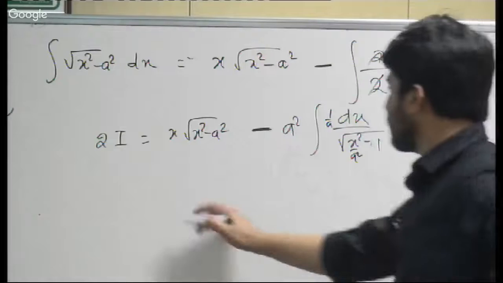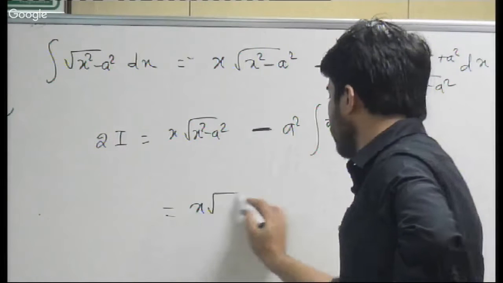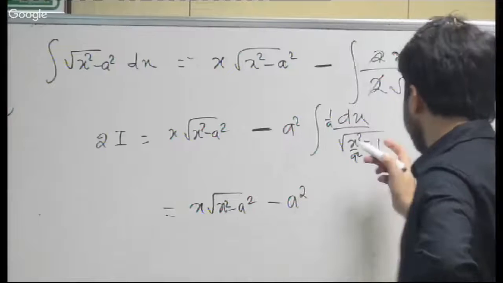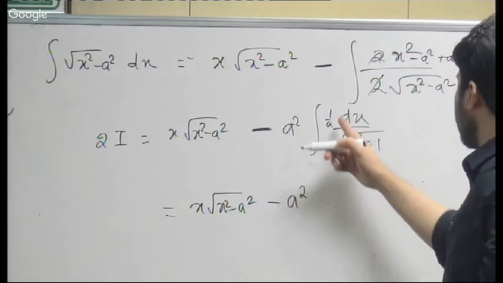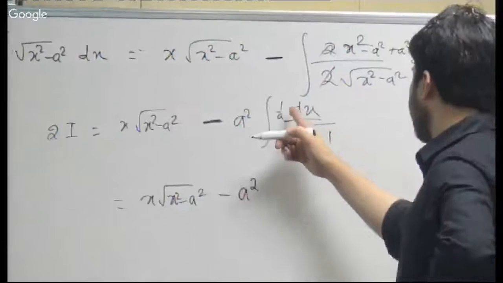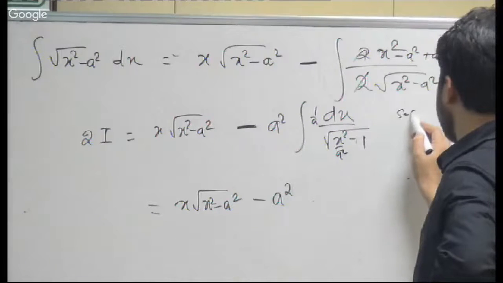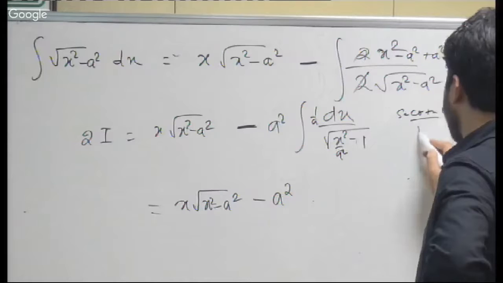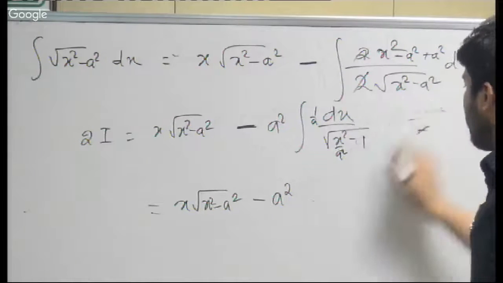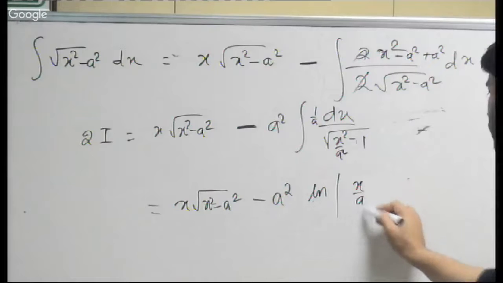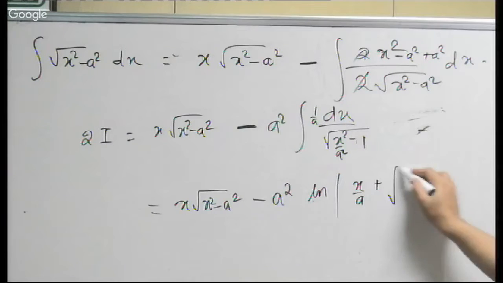So it will be sec theta tan theta upon tan theta, right? So that will be ln of sec theta, which is x by a, plus tan theta.